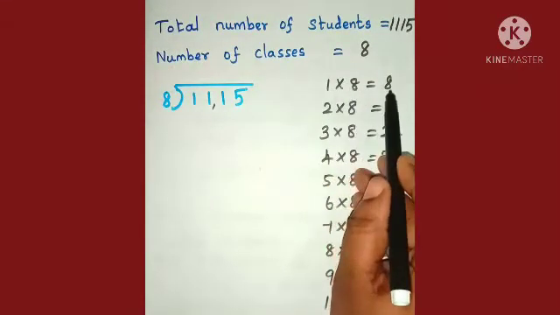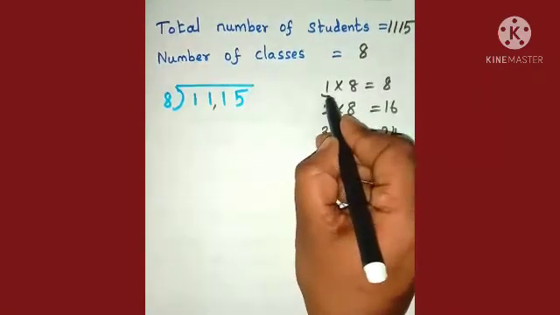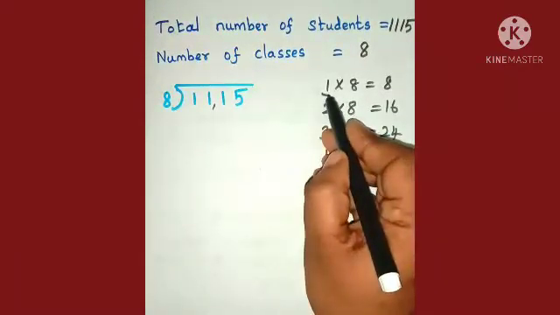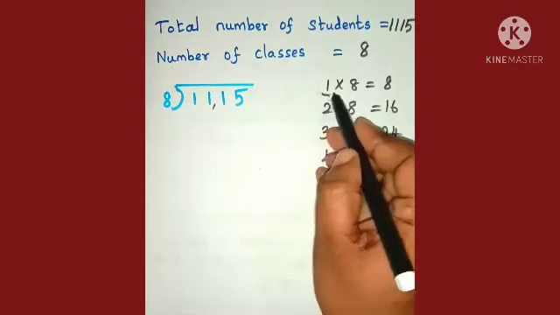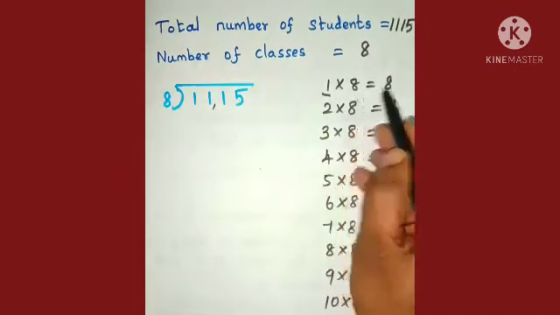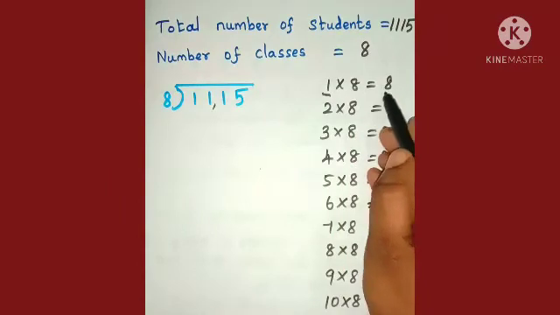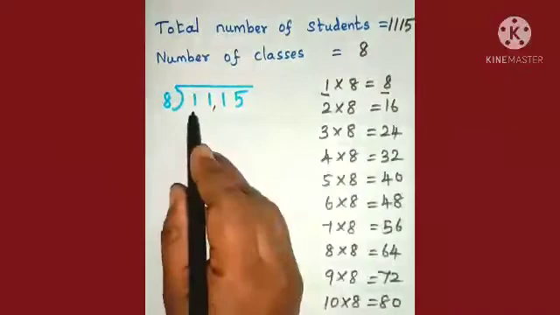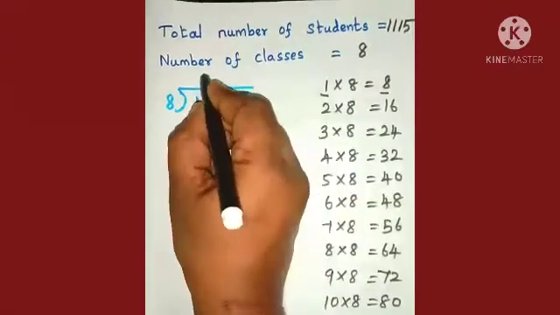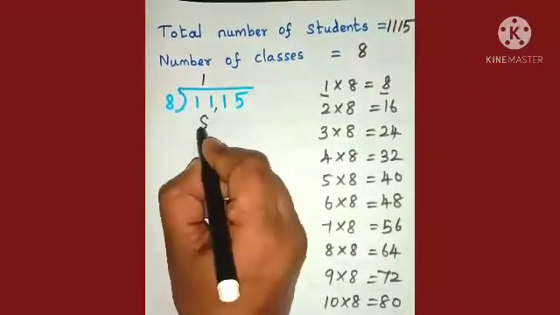1 8 is 8. Here 1. We have to write 1 in the quotient place above the long division bar. 8 is the divisor. And write down 8 below the number 11. So 1 8 is 8.